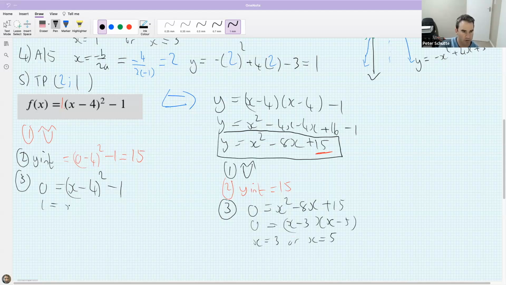Or if you were using this method, then you would get... well, the good news is both methods give us the same answer.